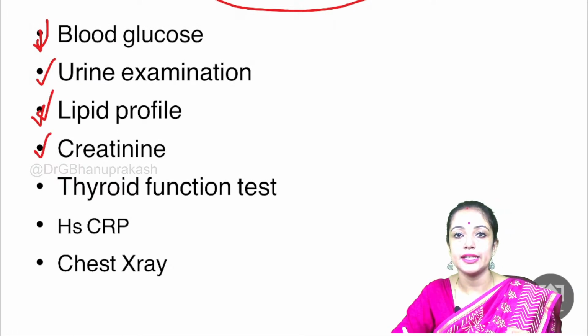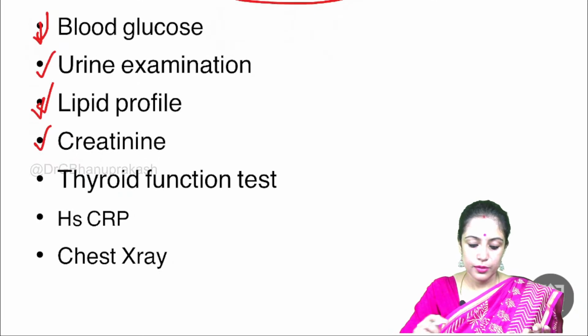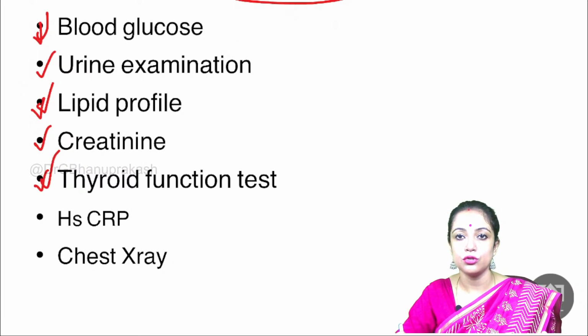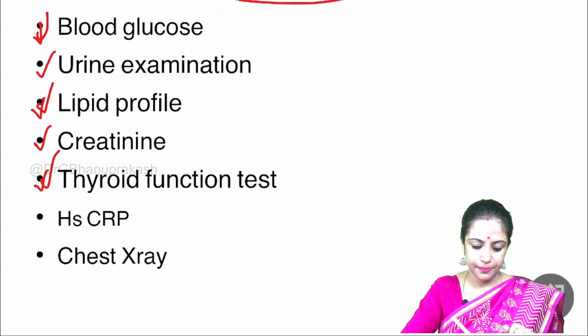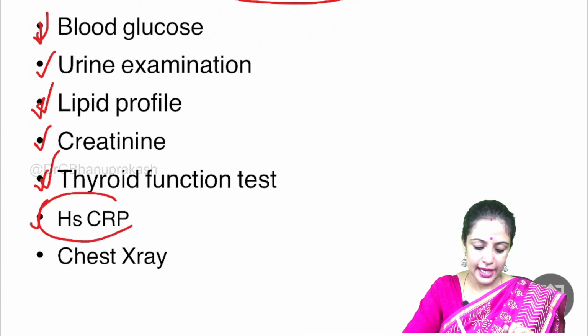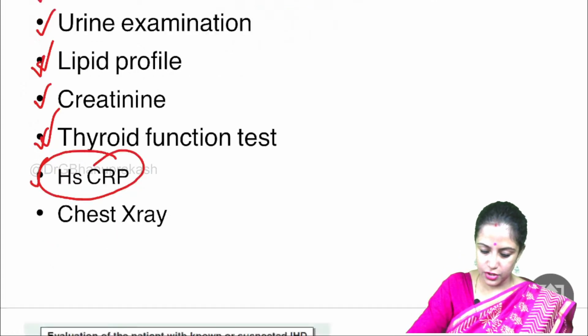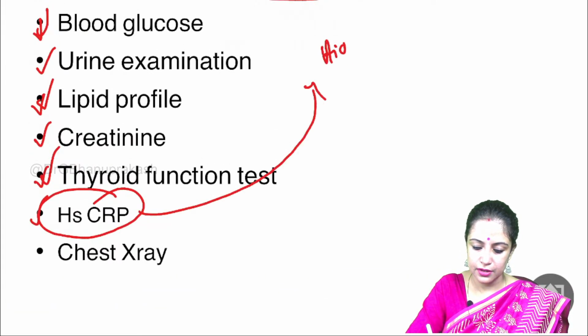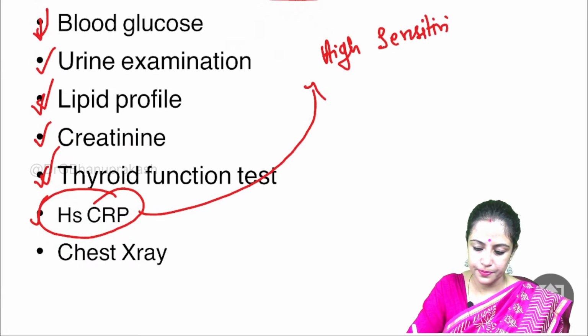We will do a serum creatinine. We will do thyroid function test as well, because hyperthyroidism can cause ischemia of the myocardium. There is something known as hsCRP. hs means high sensitivity.